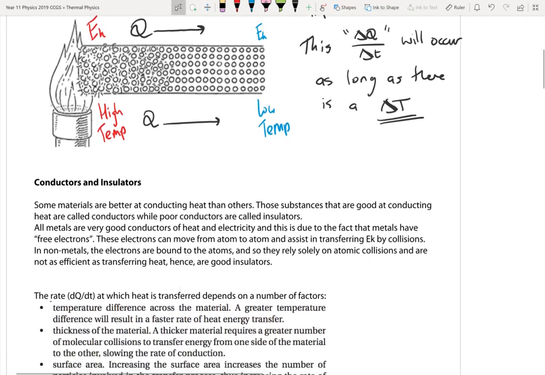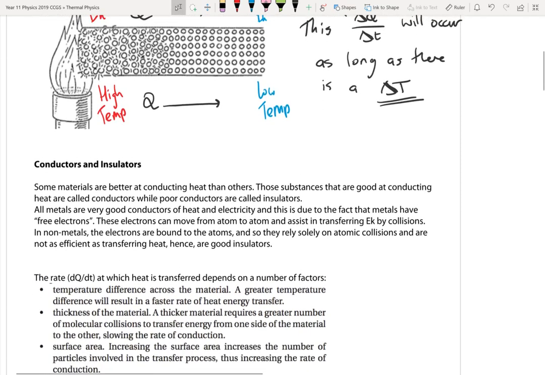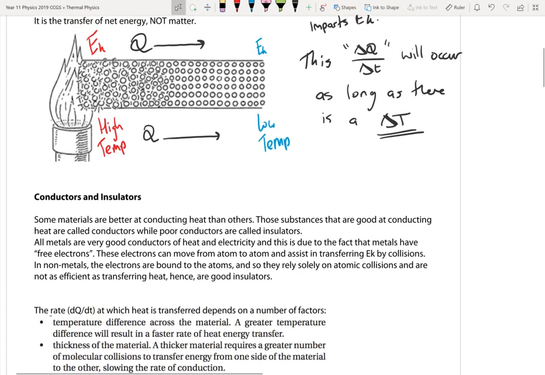So, now going to pretty much some chemistry here. Sorry, question? No? Statement? Oh yeah, it's just the rate of change over time. So how quickly we can transfer in a given time period depends on the difference in temperature.